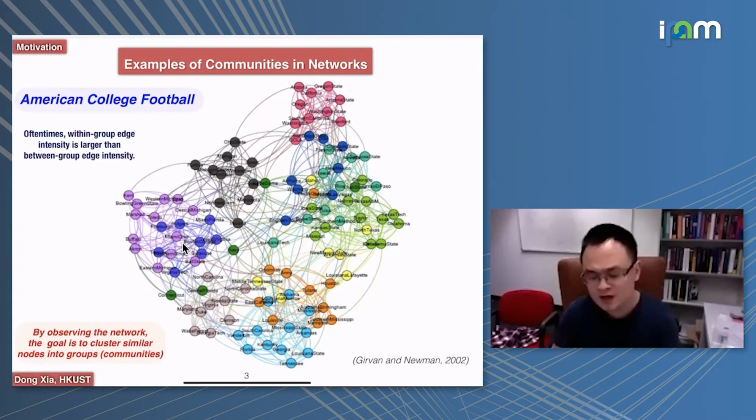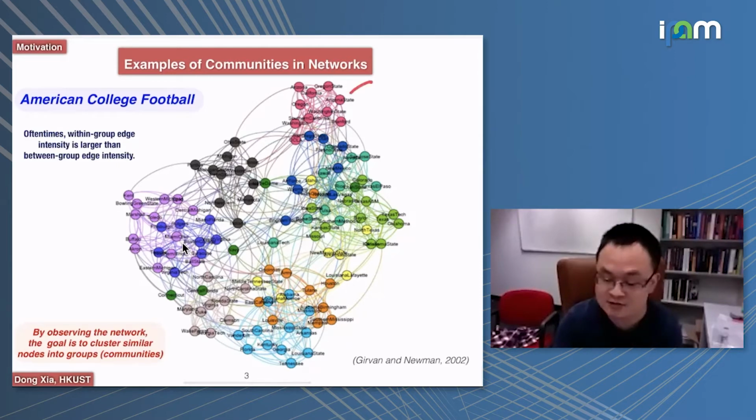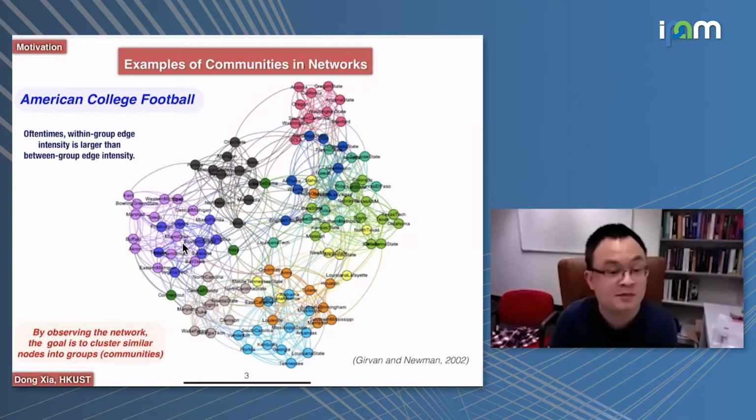In this network, you can see there are colors for these vertices, and the colors mean some group structure. Vertices with the same color come from the same conference.